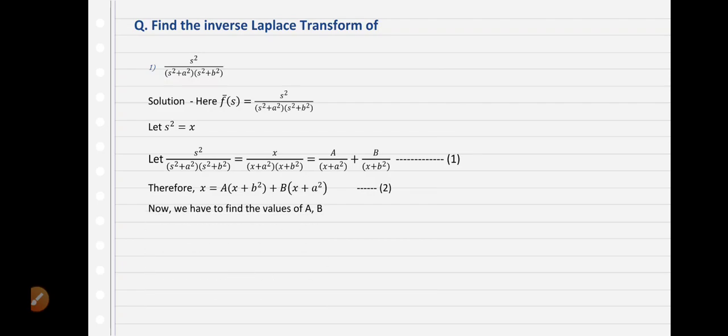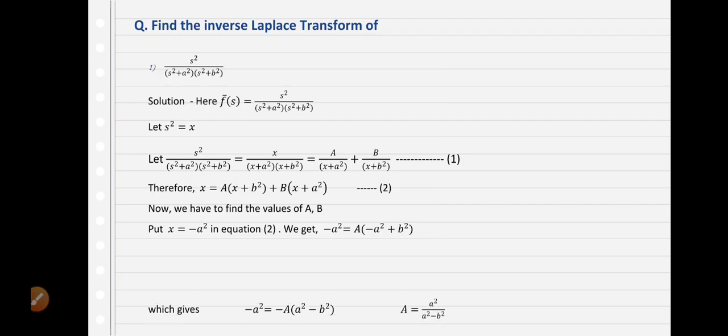Next we have to find the values of A and B. So first we will put x equal to minus a square. With this, equation 2 becomes minus a square equal to A into (minus a square plus b square), and obviously the second term of equation 2 for this value of x becomes 0. Simplifying this we get capital A equal to a square upon (a square minus b square). So this is the value of the first constant.